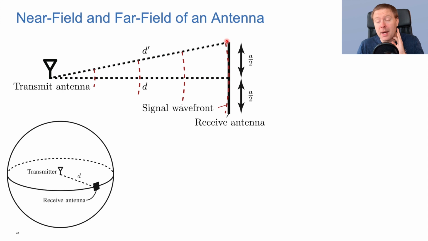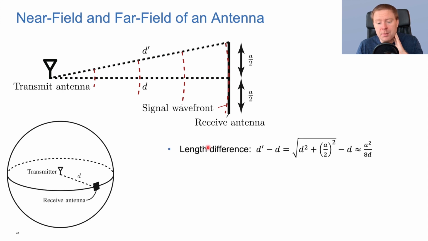This is something that can be analyzed, and the length difference in particular, if you take d prime minus d. We can write d prime as the total distance d to the surface, and if the length of the antenna is a, then this half here is a over 2, and d prime will then be the square root of d squared plus a divided by 2 squared.